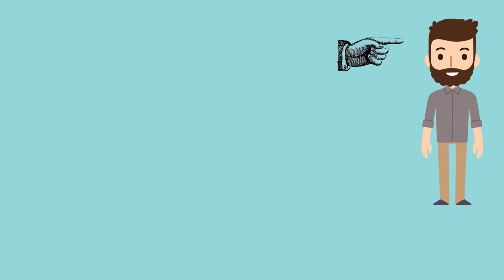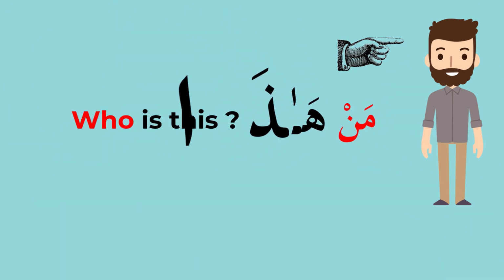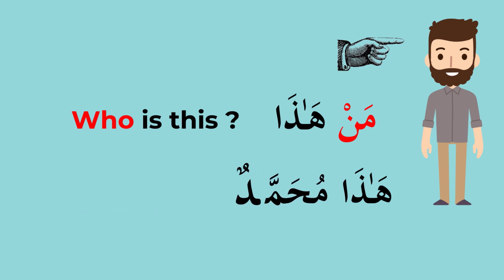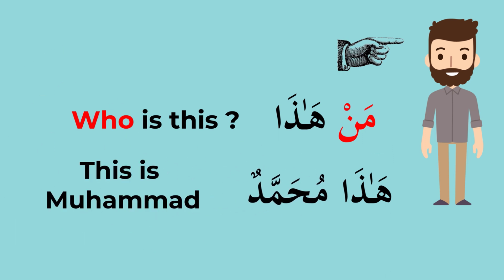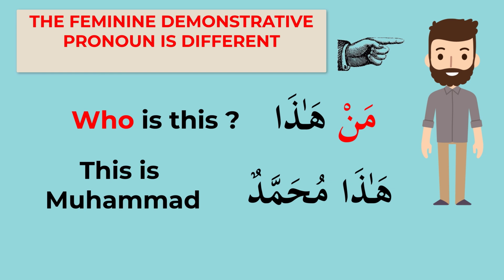But if I point to brother Muhammad, I cannot say ma hadha, I will say man hadha. What will I say? Man hadha. And my answer will be hadha Muhammadun. Are you with me? I am not pointing out to female now because of a reason that I'll explain to you in next class. And from next class onwards, I'll be pointing out to sisters also.